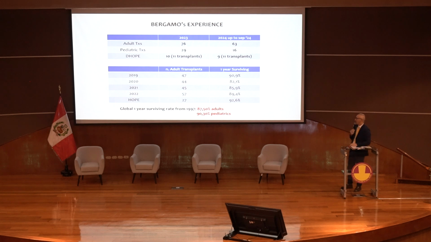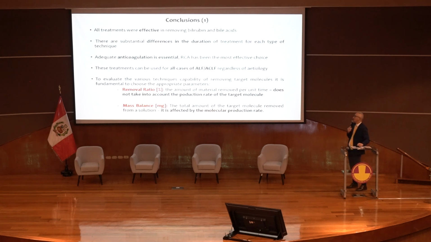And more or less our survival every year is about 90%. We started in 1997 with the first liver transplantation, and up to now the historical survival rate is more or less 90%.